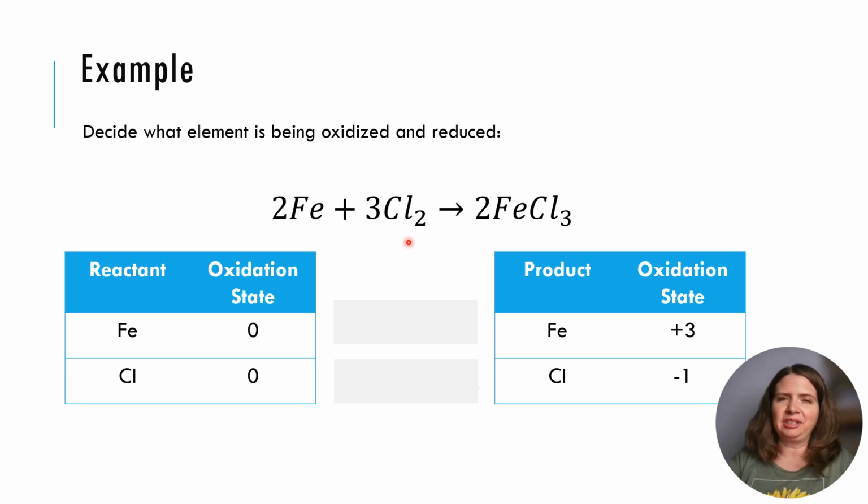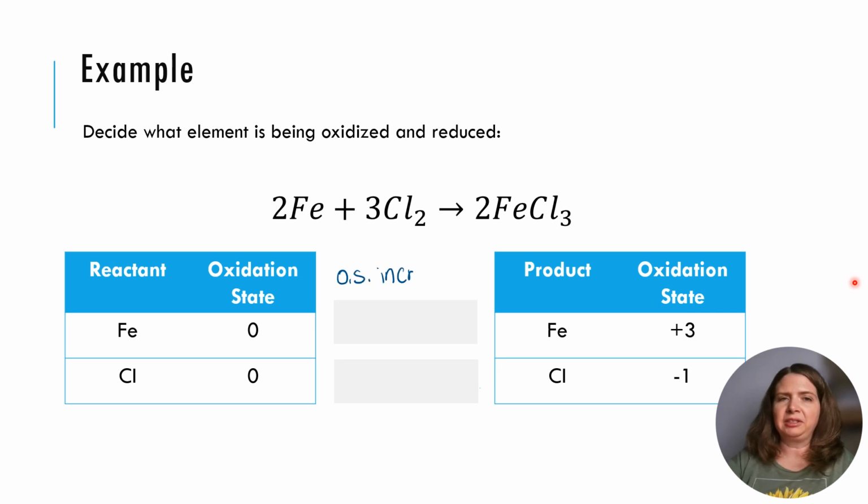Let's revisit the earlier reaction where iron metal reacts with chlorine gas to form iron 3 chloride. By comparing the oxidation states of each element on the reactant and product sides, we can identify what's being oxidized and what's being reduced. Iron starts with an oxidation state of 0 and becomes +3 in the product.